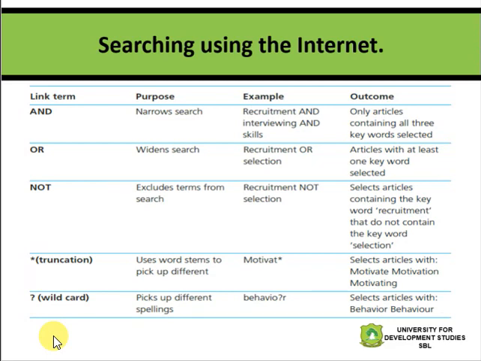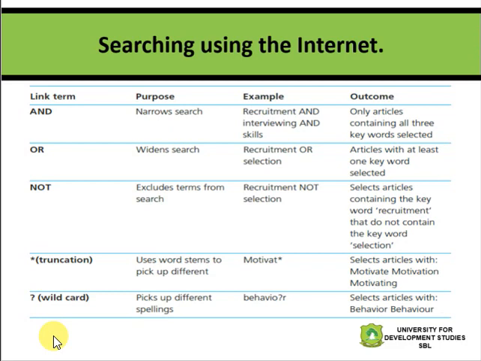The last one is what we refer to as a wildcard, and wildcards are used because we have different spellings for some particular words. For instance, labor can be spelled as labor in the American context. It can also be spelled as labour. Similar is behavior and many other words. So if I want to search using such a word which has different variants of spelling, then I can remove the letter in the word that causes the variance and replace it with a question mark.